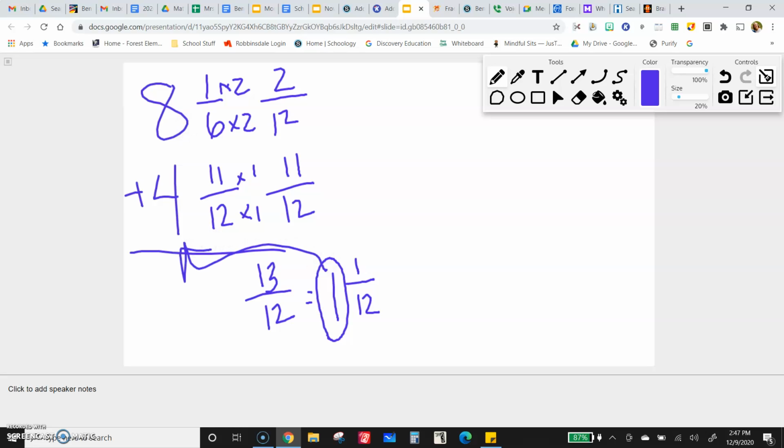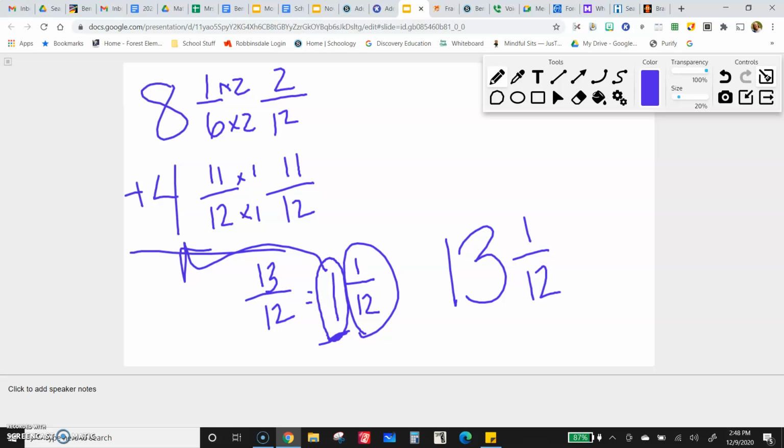So now I have 8 plus 4 plus 1 is 13. And then I still have my 1/12 left over. So that's the most complicated part with adding mixed numbers, is that sometimes I need to regroup like that. Thankfully, the biggest I'll usually get is just 1 here, unless I have more than 2 fractions.